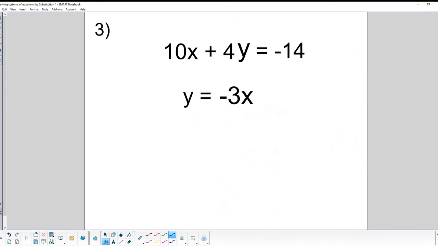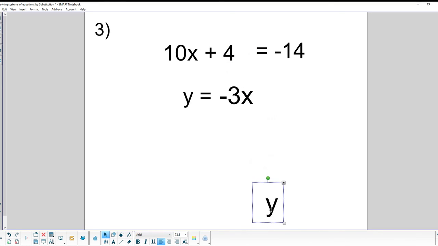All right, let's try another one. In this case, we're saying y is equal to -3x. And so we're going to replace this y with that -3x. So let's do that. Take our 4y, take our y out of there. Move that out of the way. And then we'll take -3x and drag it up and put it in there.